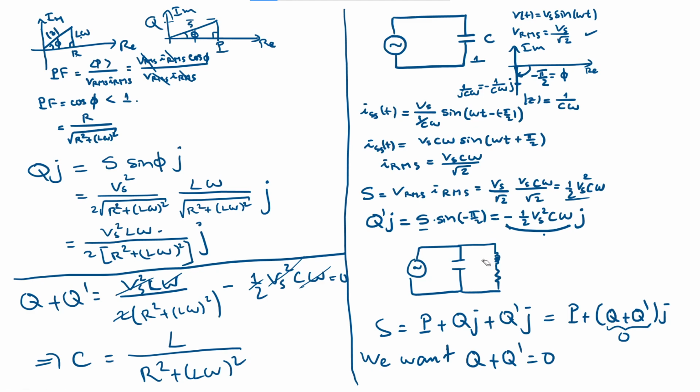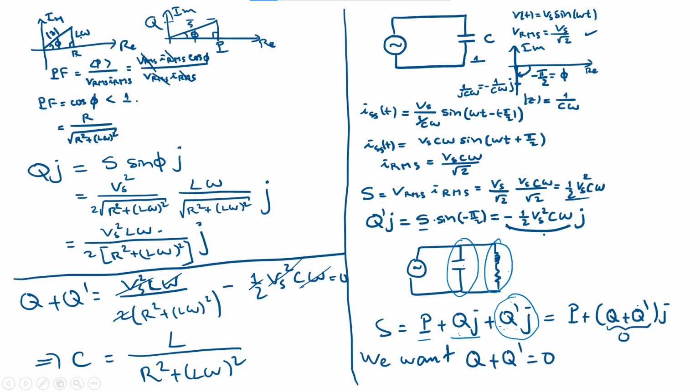When you assemble the branch of R and L with the capacitor, you are trying to compensate between the capacitor and the inductor, right? So you assemble them. The real power is obtained from this branch here, and the reactive power also from this branch, from the effect of L. For this branch you have another reactive power, so you can add them up, imaginary with imaginary, then you compensate by setting this to 0.